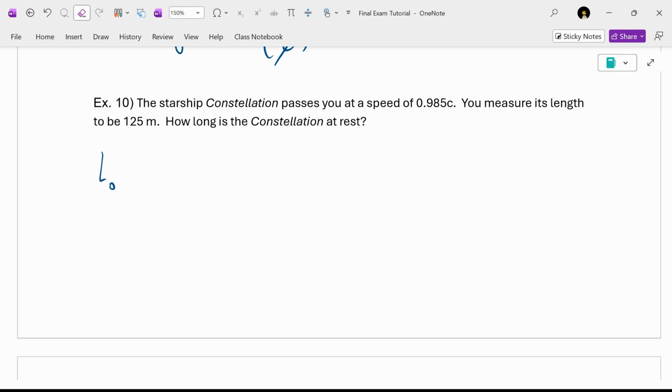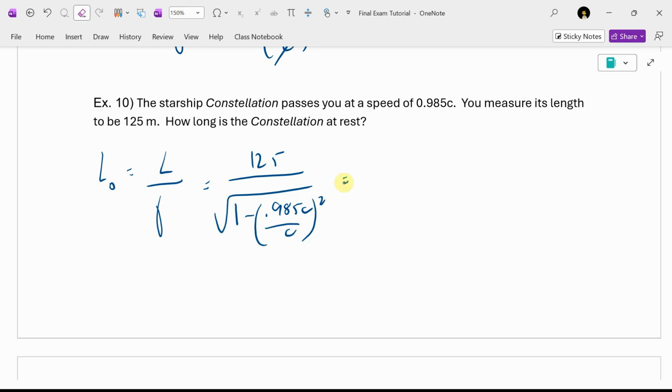I think L0 is going to be L divided by that. It's going to, when it's at rest, be longer. It's going to be L, 125, divided by the square root of 1 minus 0.985 C over C all squared. Oh, C's canceled.